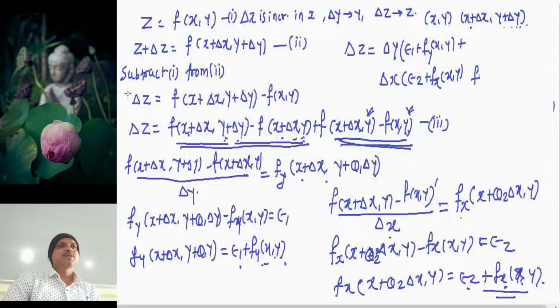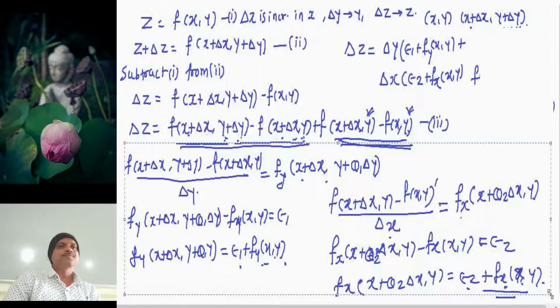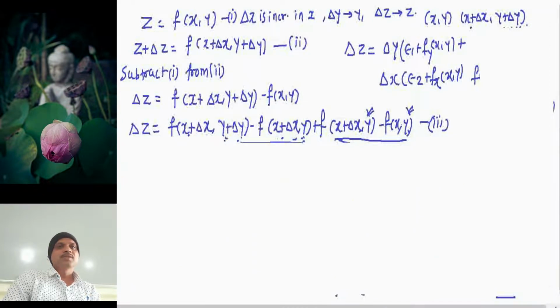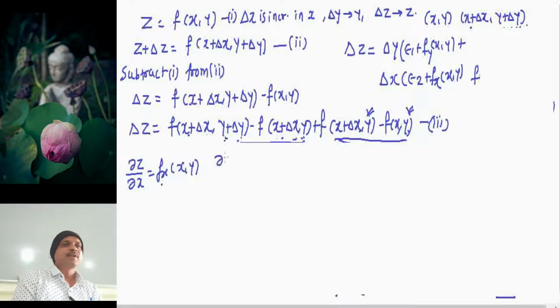Okay, so let us put this value in this equation, substituting these values. Δz by Δx equals f_x, the partial derivative, and Δz by Δy equals the partial derivative of f with respect to y at (x, y). Let us put these values here.